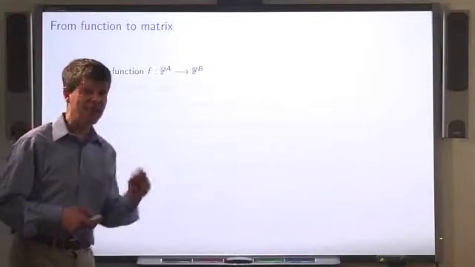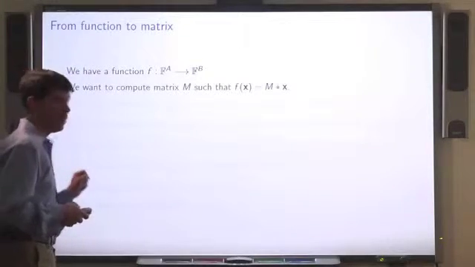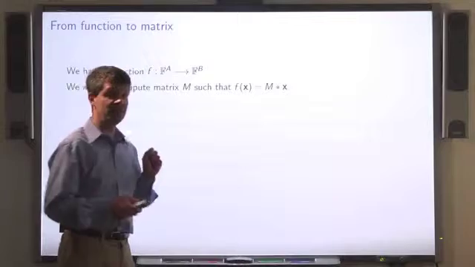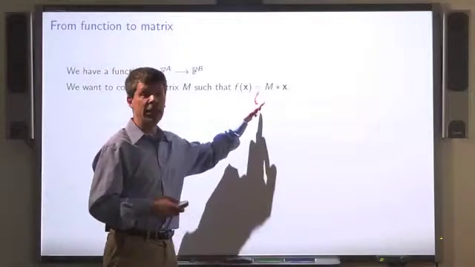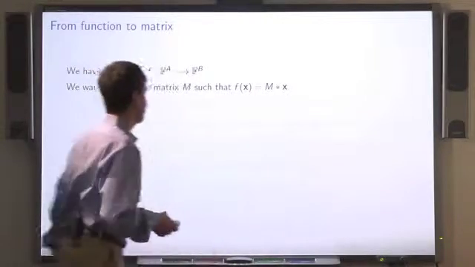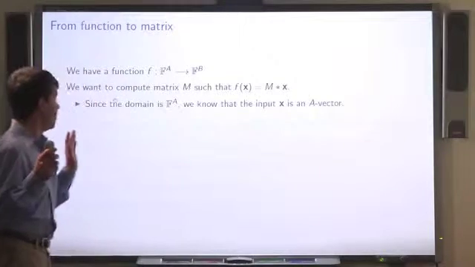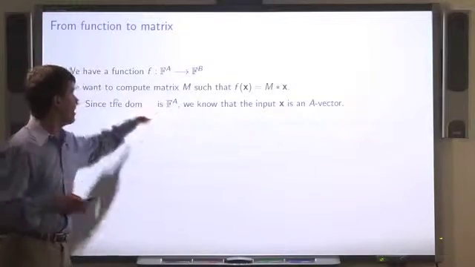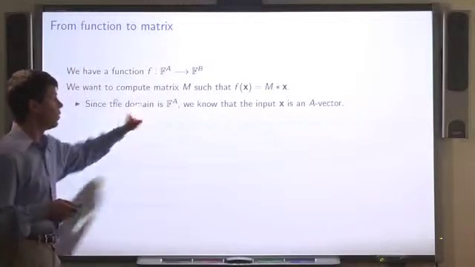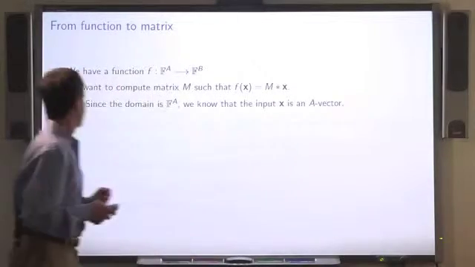Now let's say we have a function and we want to compute a matrix M such that the function is f of x equals M times x. Okay, we know that the domain, let's say the domain is F to the A. So we know the input is an A vector.